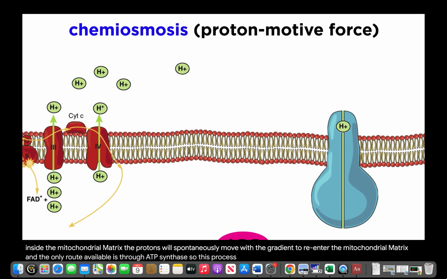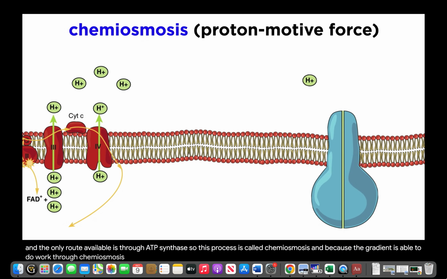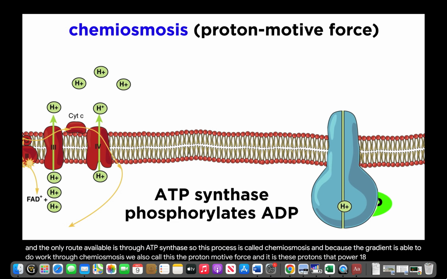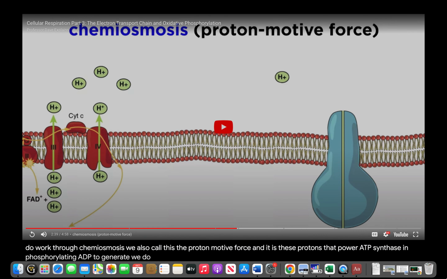This process is called chemiosmosis, and because the gradient is able to do work through chemiosmosis, we also call this the proton motive force. And it is these protons that power ATP synthase in phosphorylating ADP to generate ATP.